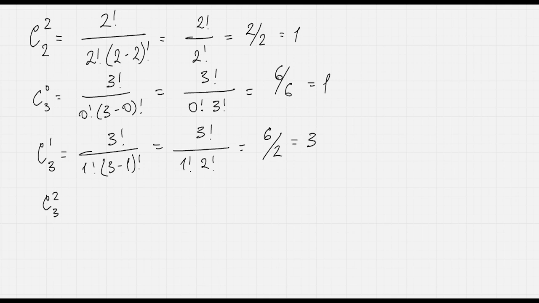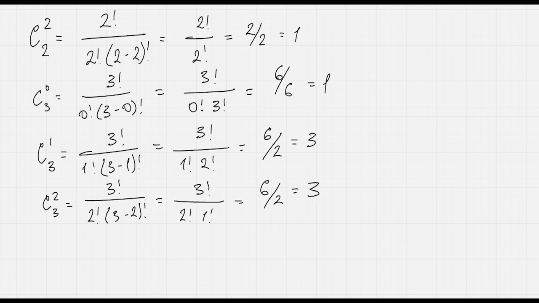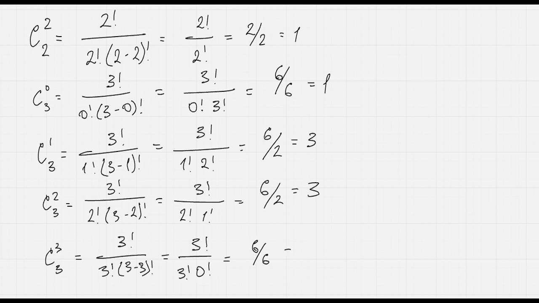C of 3 and 2 is equal to 3 factorial divided by 2 factorial multiplied by (3 minus 2) factorial, that is 3 factorial divided by 1 factorial multiplied by 2 factorial, that is 6 divided by 2, that is 3. C of 3 and 3 is equal to 3 factorial divided by 3 factorial multiplied by (3 minus 3) factorial, that is 3 factorial divided by 0 factorial multiplied by 3 factorial, that is 6 divided by 6, that is 1.